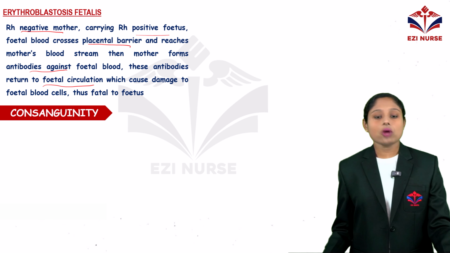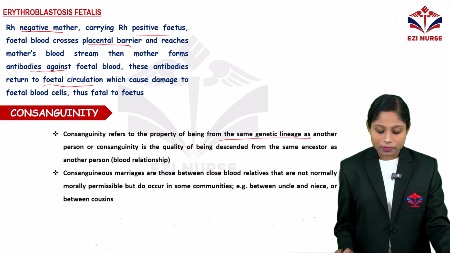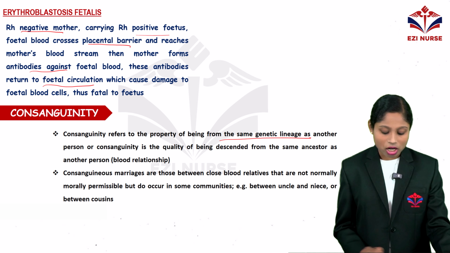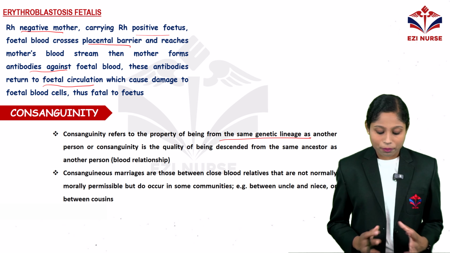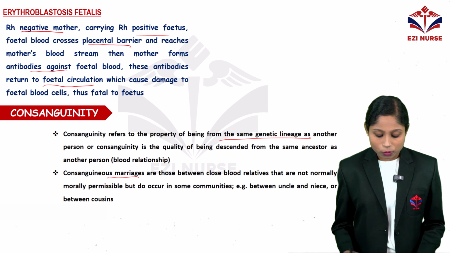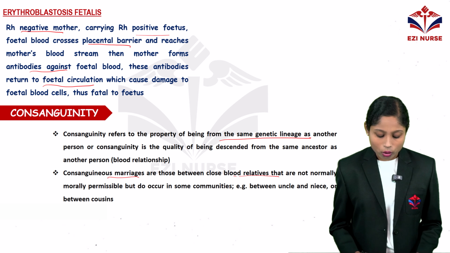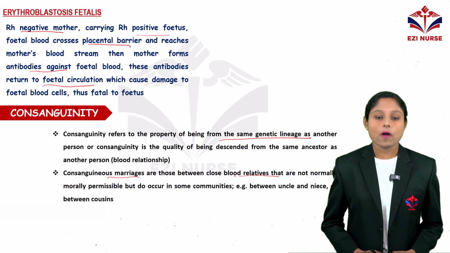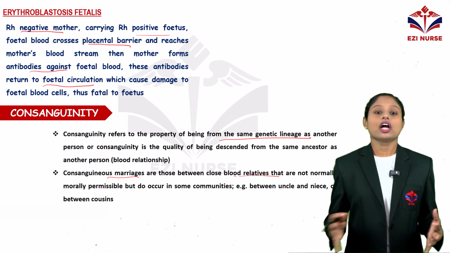Next one is consanguinity. So, what is consanguinity? It refers to the property of being from the same genetic lineage as another person, or the quality of being descended from the same ancestor as the person. So, it's a group of people coming from the same genetic lineage. Consanguineous marriages are those between close blood relatives, such as between an uncle and niece or between cousins, which occur in some communities. So, consanguineous marriage means a marriage between close relatives.